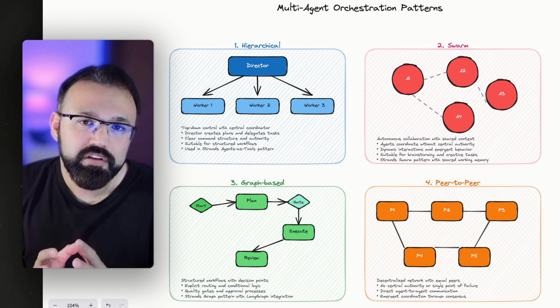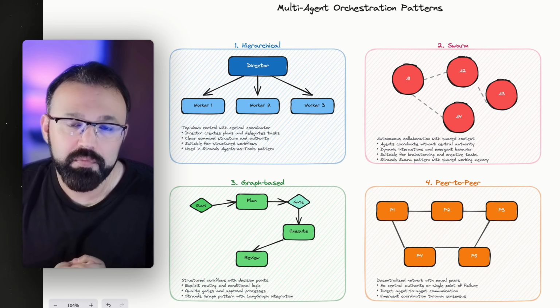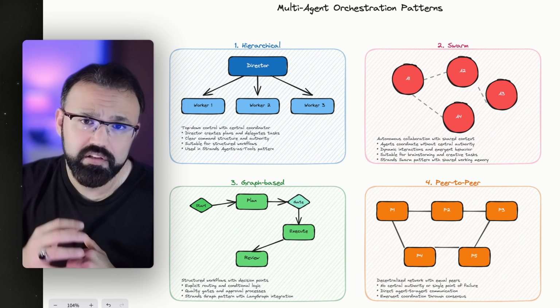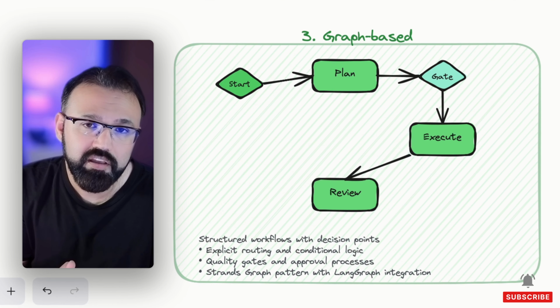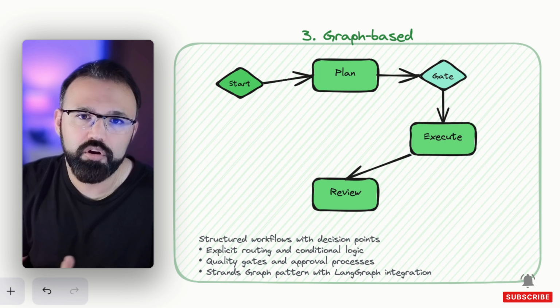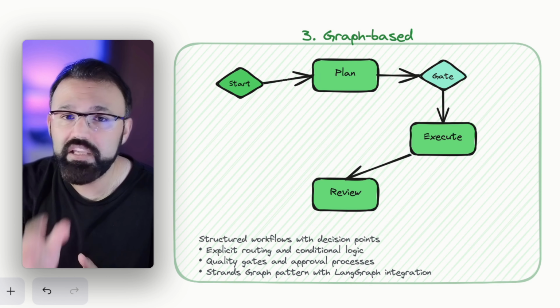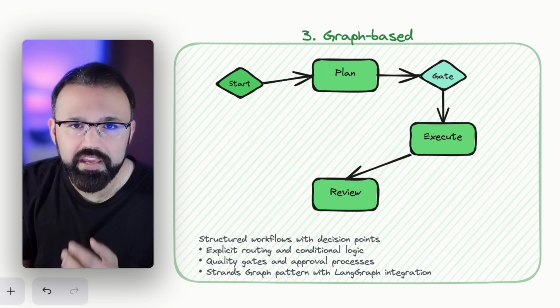Now, the third pattern is an important one, and I've seen a lot of people using this. Because of the graphical nature of this, as the name suggests, it's called graph-based. In graph-based, you have the control to create the whole orchestration. You're not leaving the decision-making to the orchestration agent.